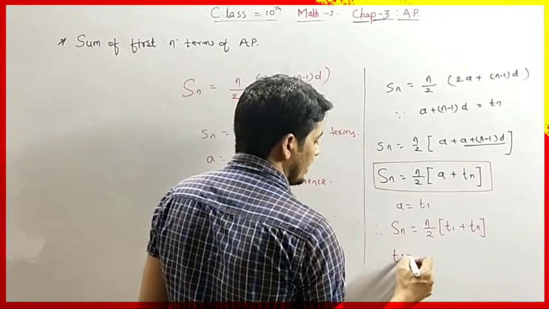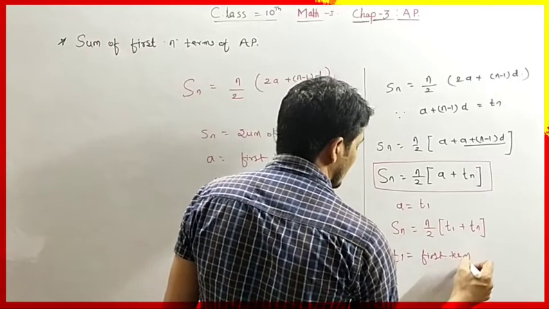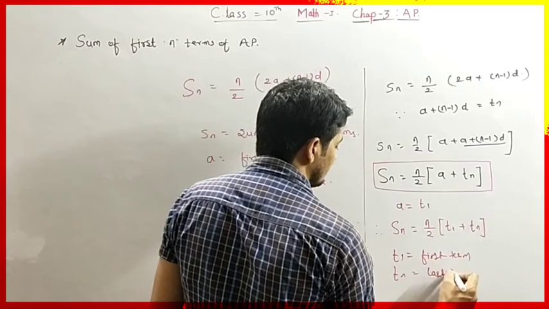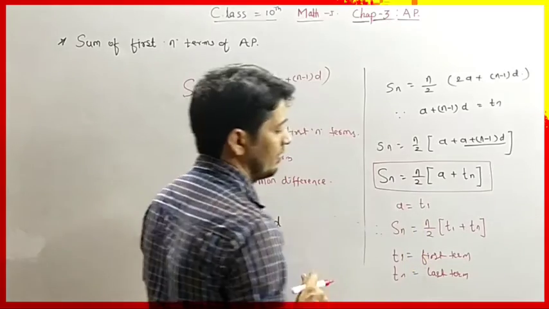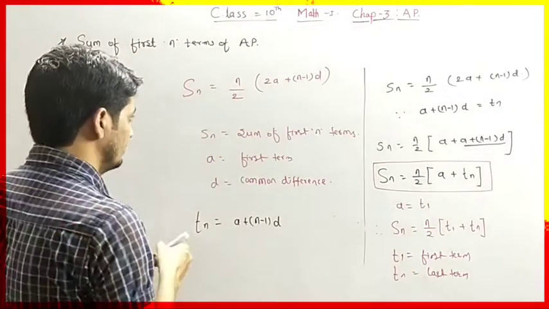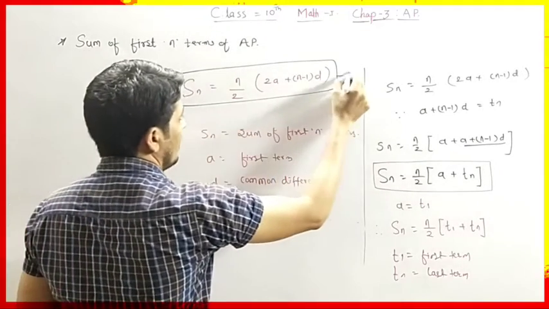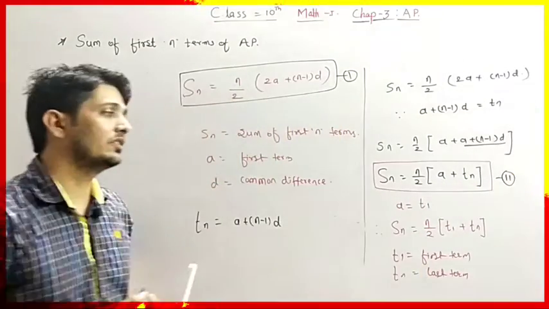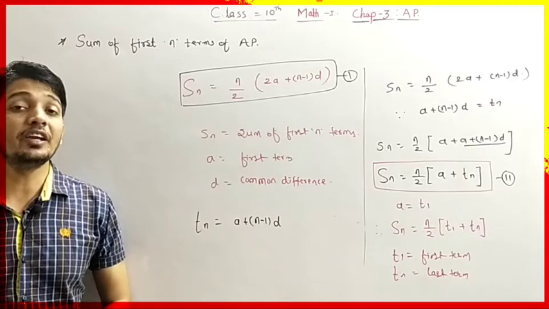Here T1 is the first term, Tn is the last term, Sn is the sum and n is the number of terms. These are the two formulas by which we can calculate the sum of first n terms. Write down these formulas because they are very important.